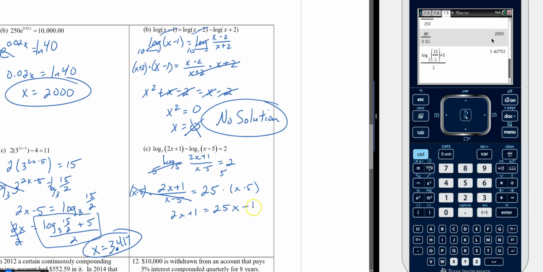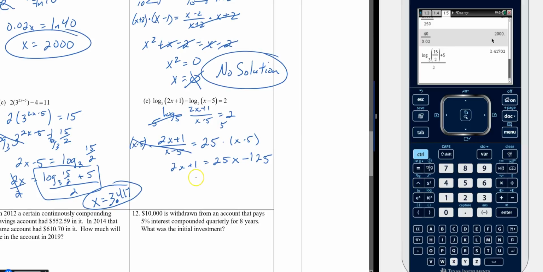minus 150. Nope, 125. Get the x's on one side, get the numbers on the other. So we're going to have 126 is equal to 23x, divided by 23.